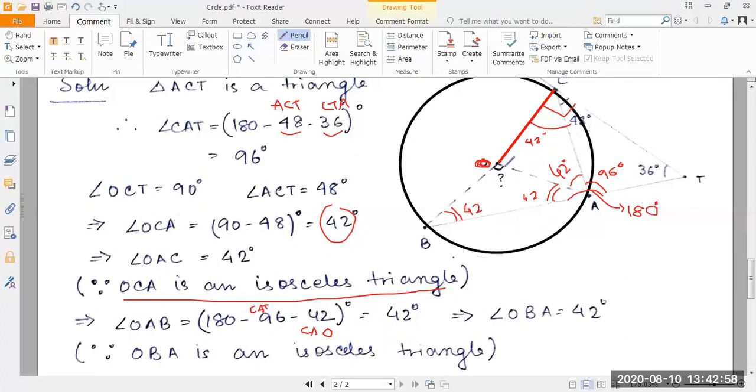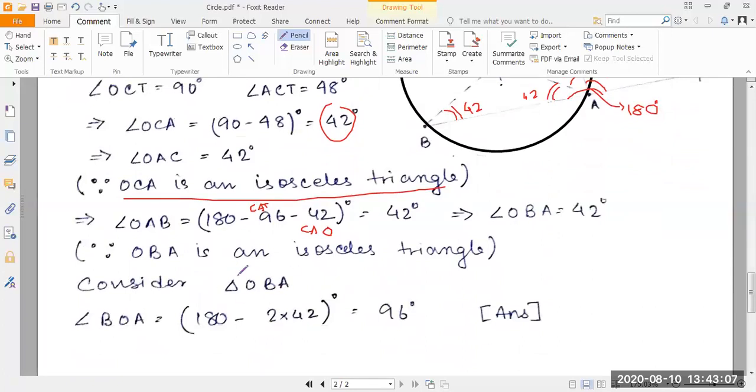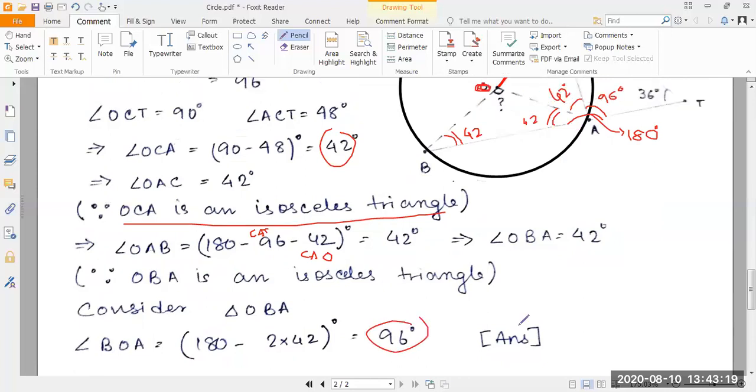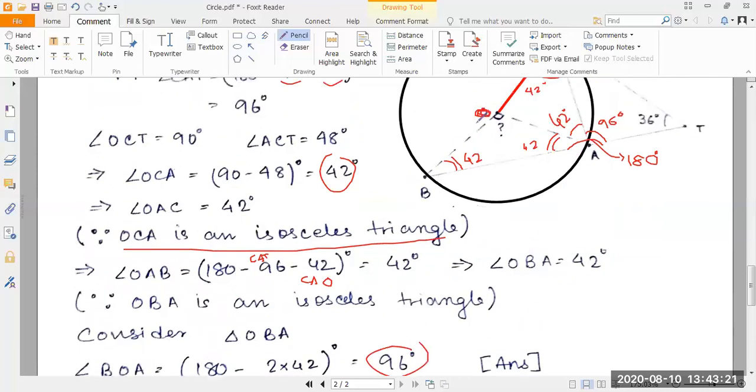Now again, this triangle has the sum of its angles equal to 180 degrees. So the final step is, for triangle OBA, BOA will be 180 degrees minus 42 minus 42, that is 180 minus twice 42, and it turns out to be 96 degrees. So essentially angle BOA turns out to be 96 degrees.